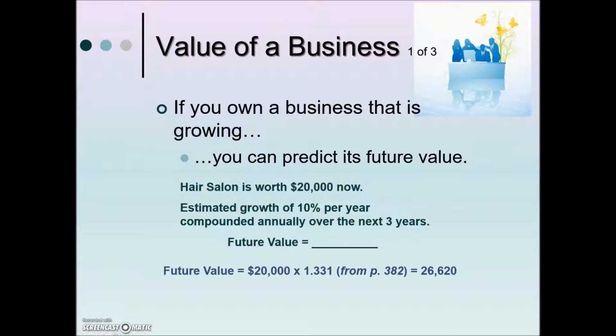And N, the number of compounding periods, annually is once per year for 3 years, so we're looking for the intersection on our compound interest or future value table of N of 3 intersecting with an I of 10%.